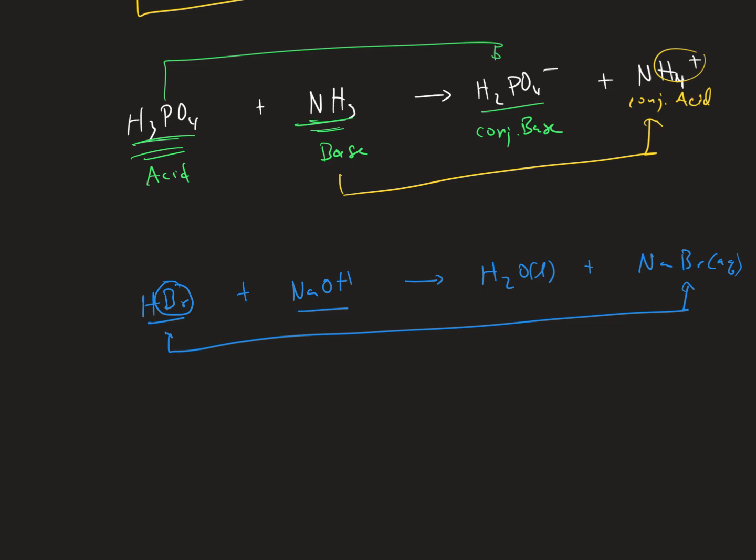So this is the acid. This is the conjugate base. The acid turns into the conjugate base, and the base turns into the conjugate acid.